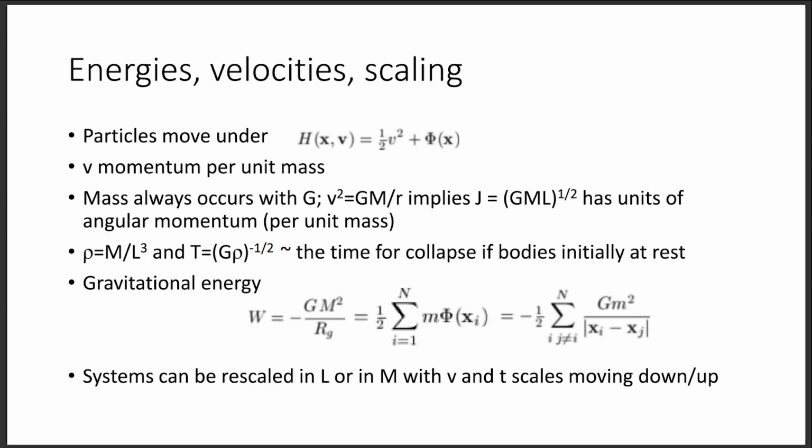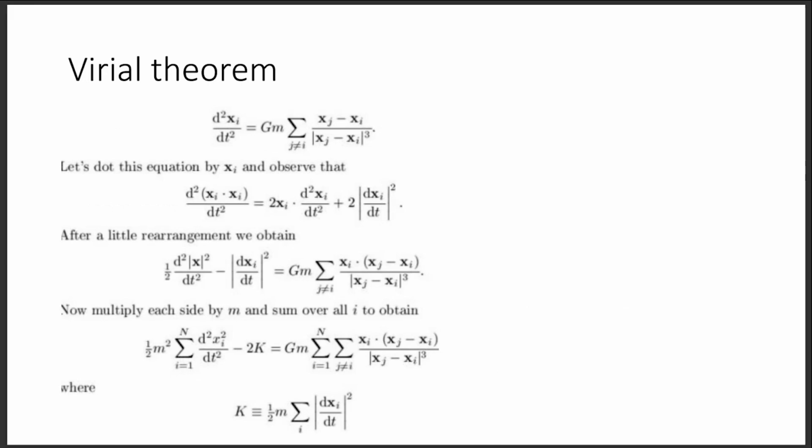And it is just that the velocities and the time scales will scale up and down according to these rules here, right? So that's a considerable convenience that you've got this high degree of scaling, because gravity doesn't define a natural scale.